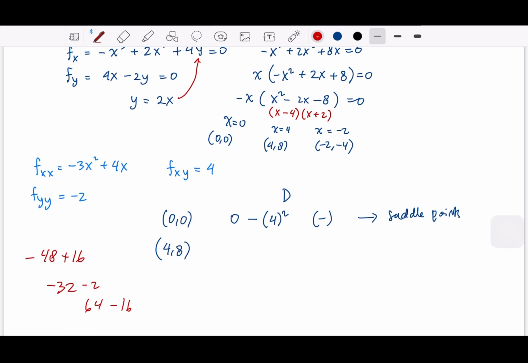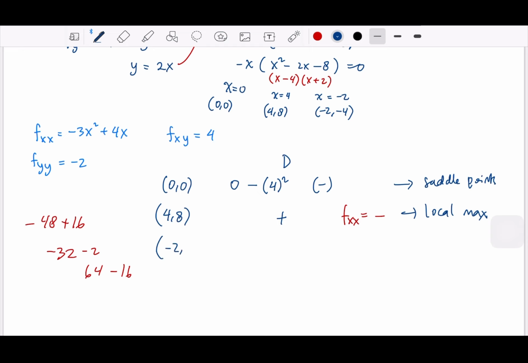Should be positive, right? So this is positive. And then let me write, the partial xx is negative. Okay, so this will be a local maximum, local max.